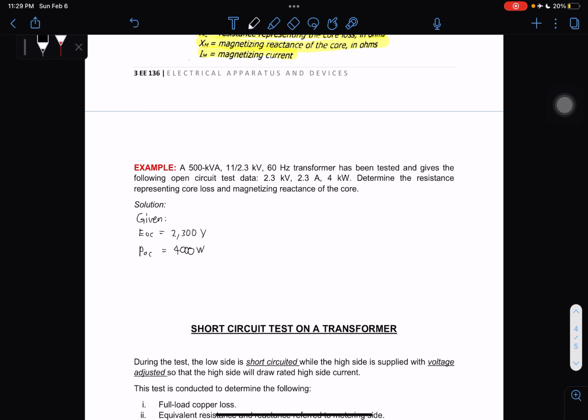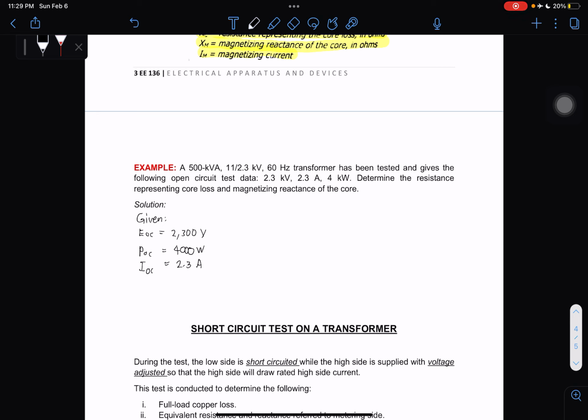And our IOC, the ammeter reading during the test, is 2.3 amperes. So nasulat na nato tanan atong given.